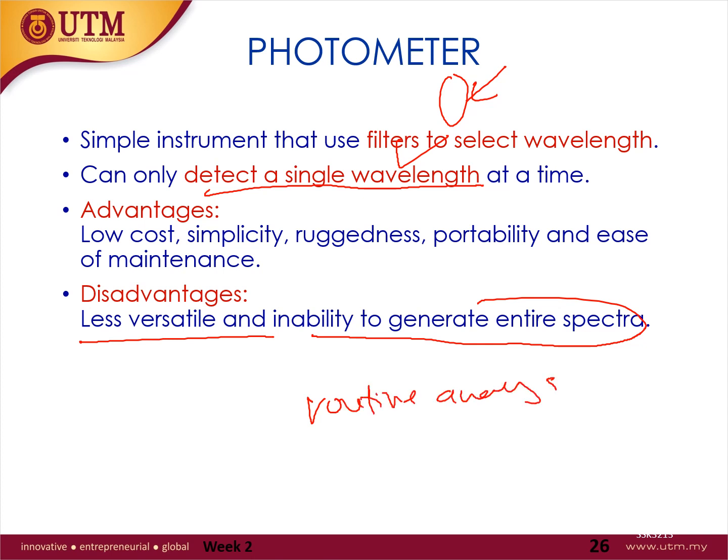Siapa-siapa nanti later when you work in a QC/QA department, sometimes they only want to analyze one thing. So they bought a photometer, and this is even cheaper as compared to a spectrophotometer that can do everything.